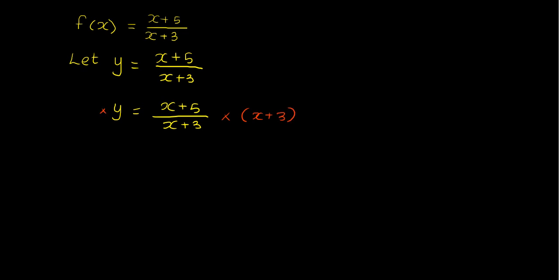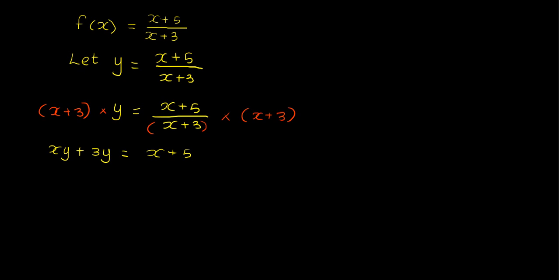So multiply both sides by x plus 3. I end up expanding this: y times x, I can write that as xy, and y times 3 is 3y, is equal to, and these two x plus 3's on the right hand side cancel off, leaving me with x plus 5. Now in this situation I need to get all the x's to one side.